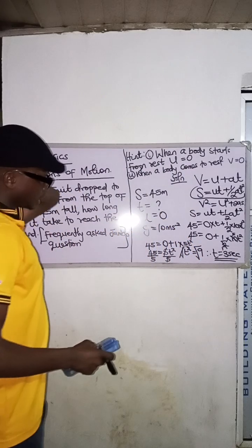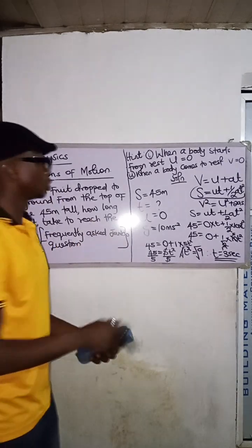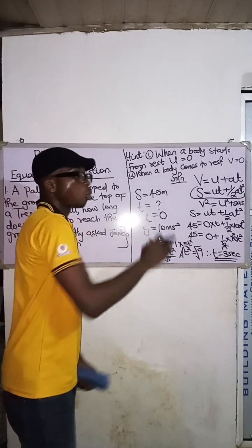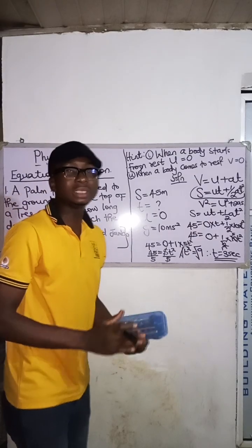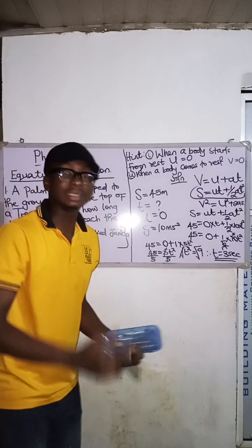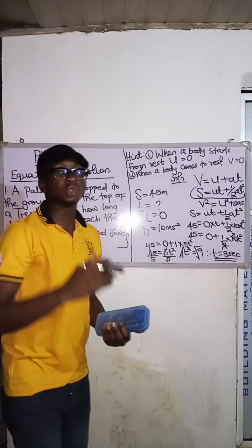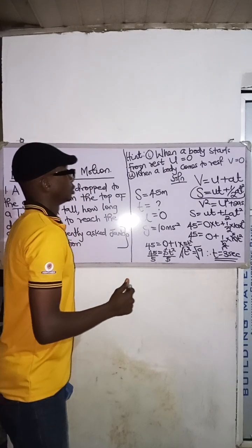Please follow the steps. It is not difficult at all. You just have to know which of the formulas you are going to use, and you have to know if the body is starting from rest or coming to rest. In this case, it started from rest, that is why the initial velocity u is equal to 0.